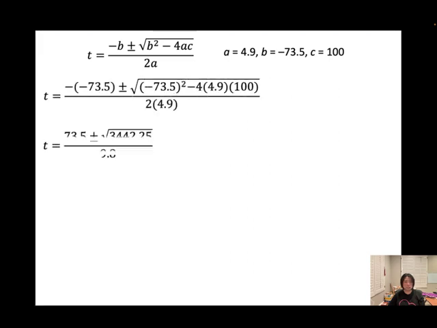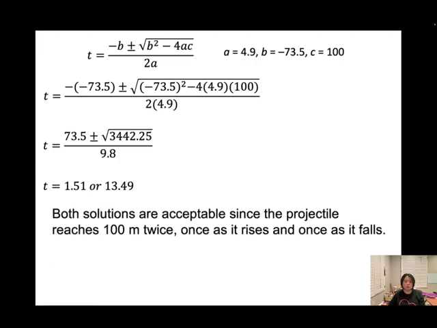Use your calculator. You should get 1.51 or 13.49. This is talking about the time. Does it make sense to you? How come we have two answers here? Both solutions are acceptable since the projectile reaches 100 meters twice.